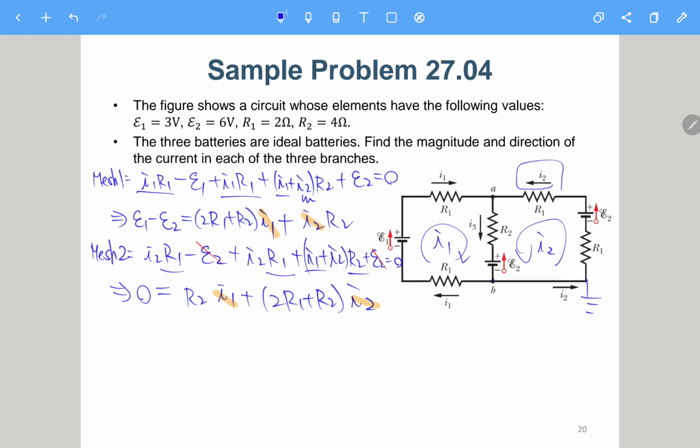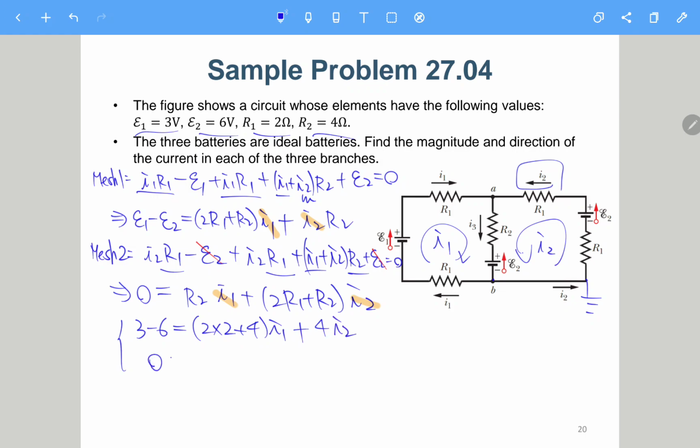Before solving it, we can just plug in the numbers to make it easier. So we have E1, E2, R1, R2. Just plug in there. We have 3 minus 6 equals 2 times 2 plus 4, times I1, plus 4 I2.